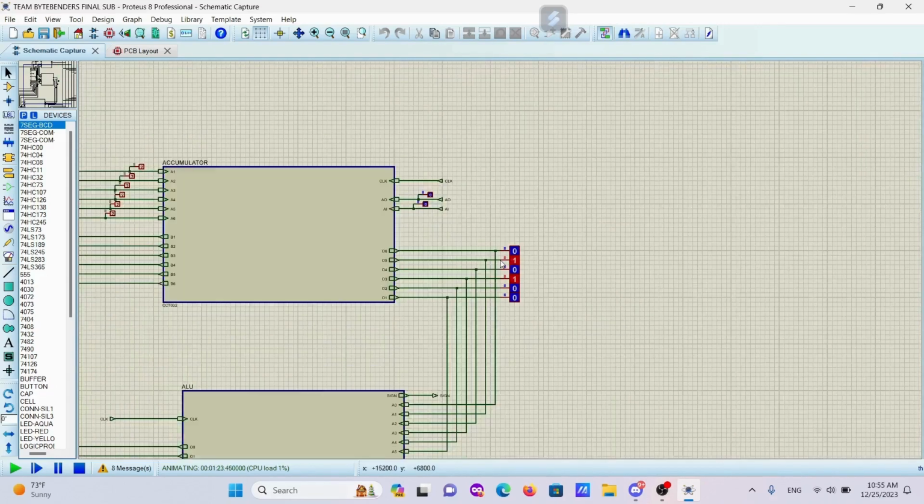Then at the accumulator, the final result from the ALU is going into the accumulator, that is 10. Here actually the bits are in inverse order, so we cannot easily understand that it is 10, but it is 10. Here 0 is the MSB, and here 0 is the LSB.